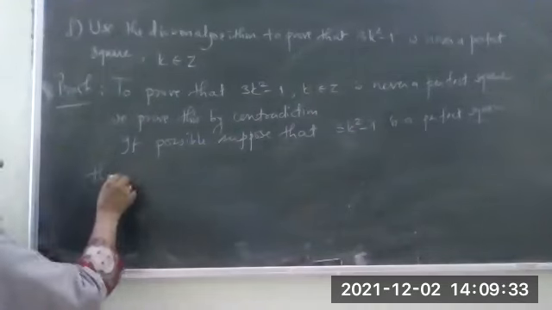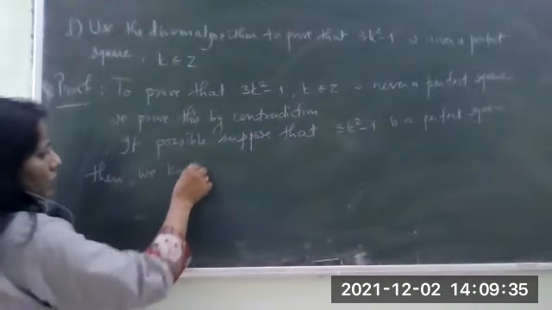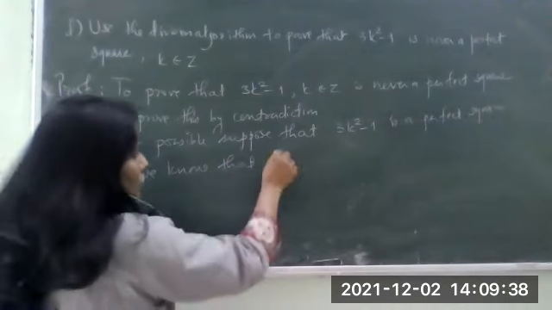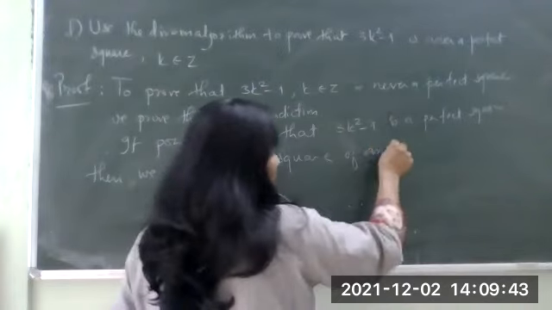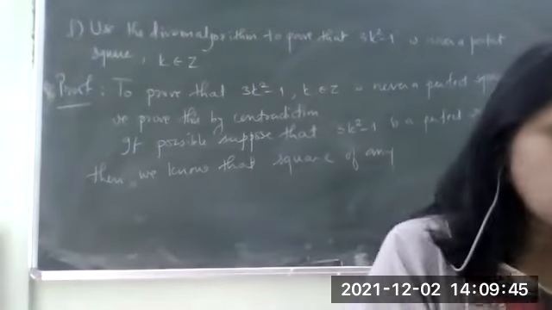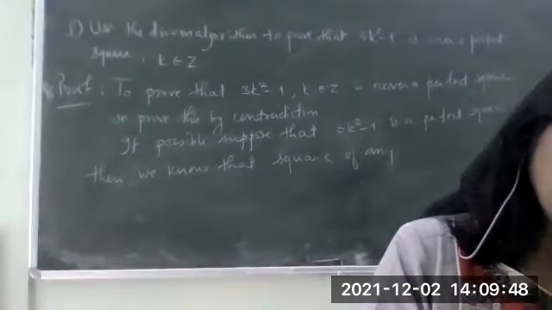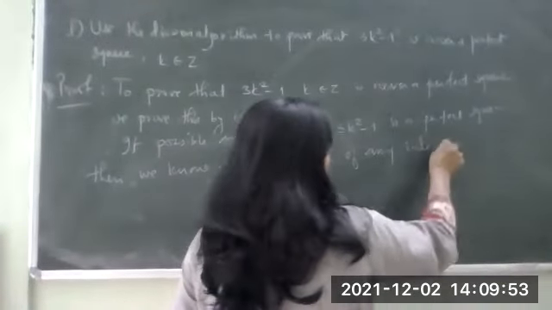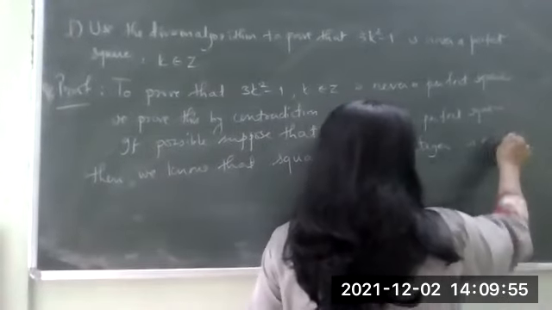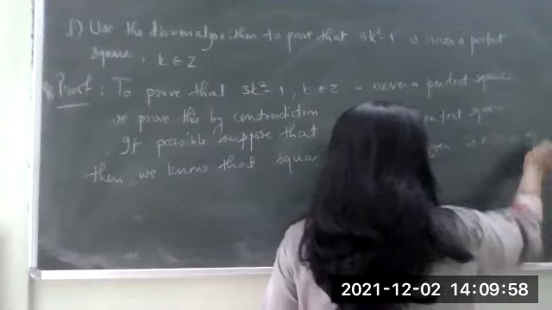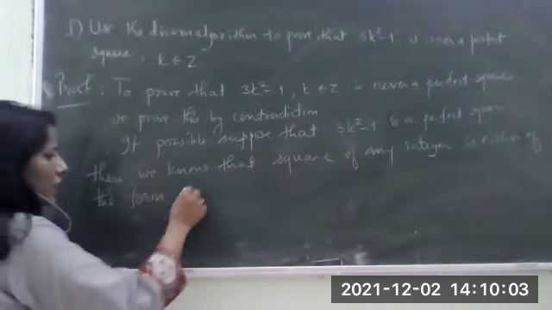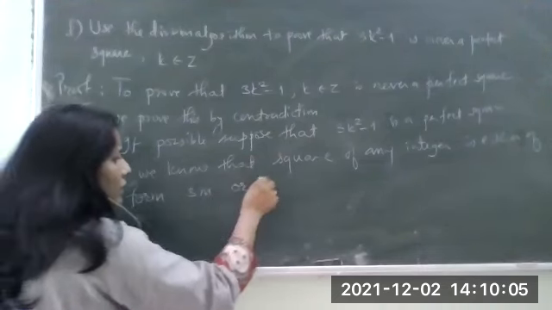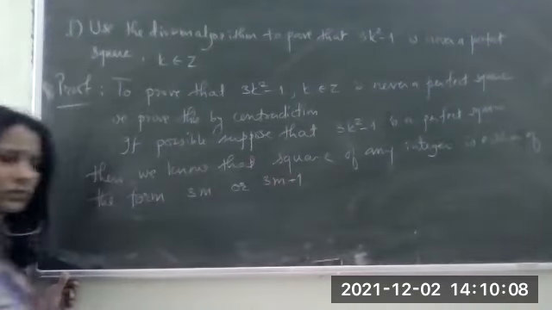Then we know that the square of any integer is either of the form 3m or 3m + 1.